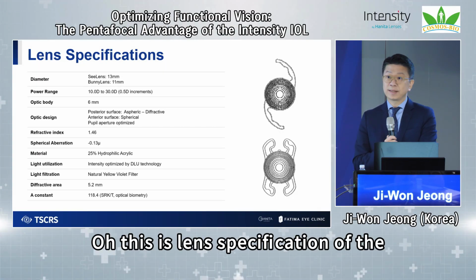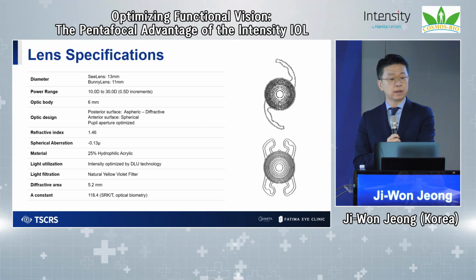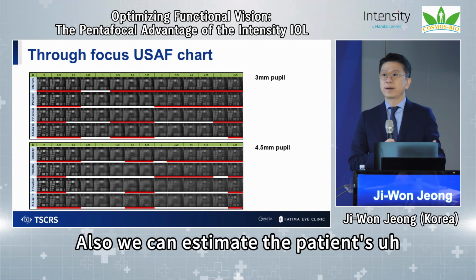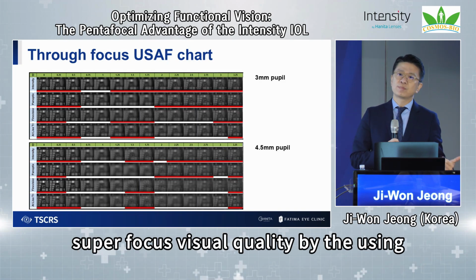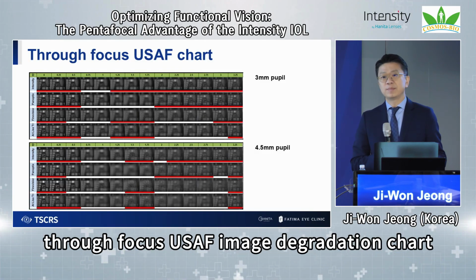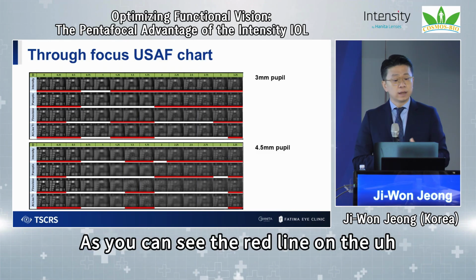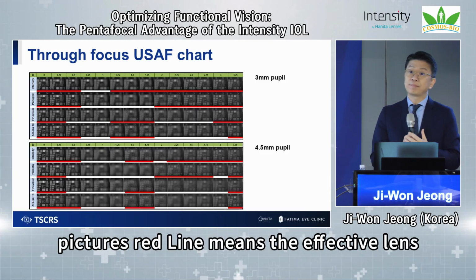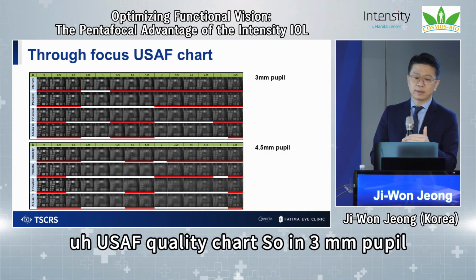This is the lens specification of the Intensity IOL. Also, we can estimate the patient's pseudo-focus visual quality by using the through-focus USAF image degradation chart. You can see the red line on the pictures. The red line means the effective lens USAF quality range.